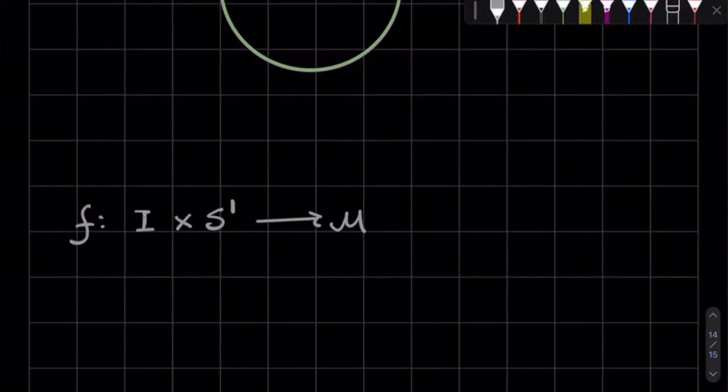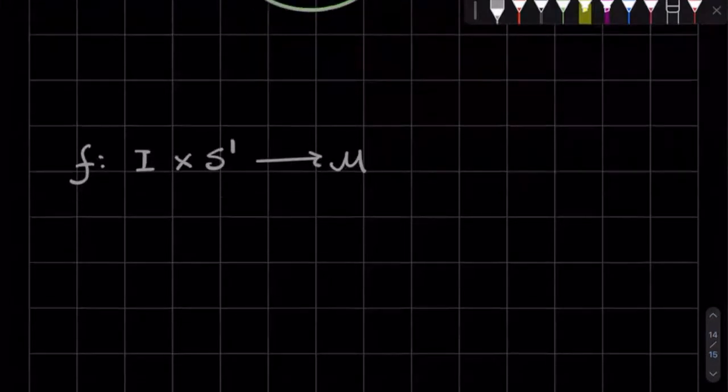Okay, so this map is going to have some parameter, say t, which is the parameter for the interval, and the circle, which we can say theta, right? So this gives me a point on the manifold. Okay?